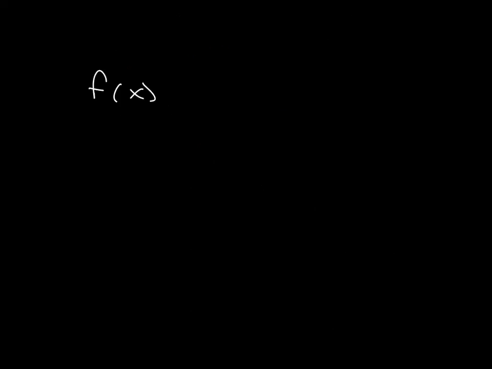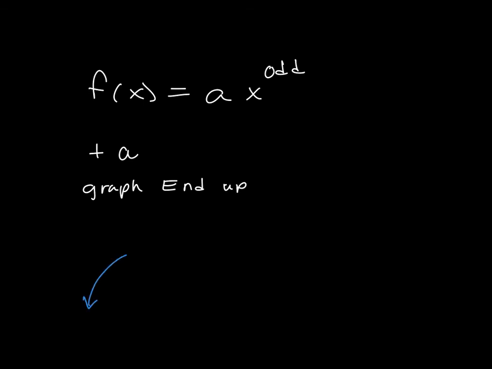Going back to our rules, if a is to an odd power, if you have positive a, what this means is the graph will end going up. So it has to start in the opposite direction, so it's going to start down and end up.